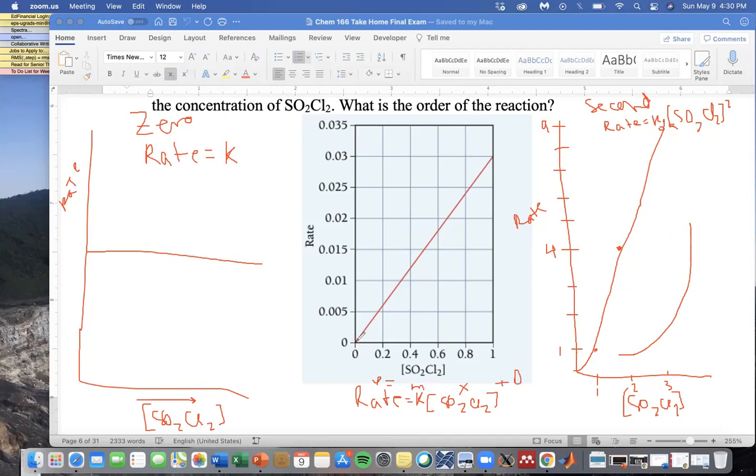So for this one, as your concentration increases, it's just increasing linearly. And so that's why you just have a line here. If it looked like this, it would be a 0th order plot. If it looked like this, it would be a 2nd order plot. But if it's just totally linear, it would be a 1st order plot, because all you're looking at is the rate versus the concentration.